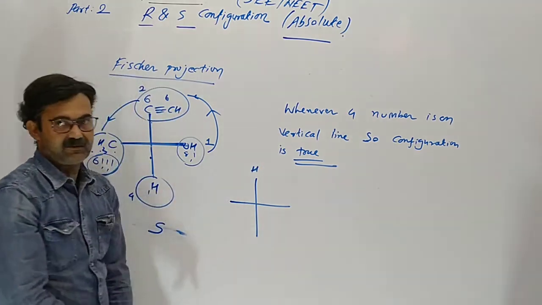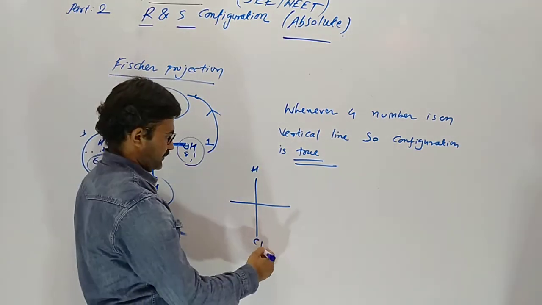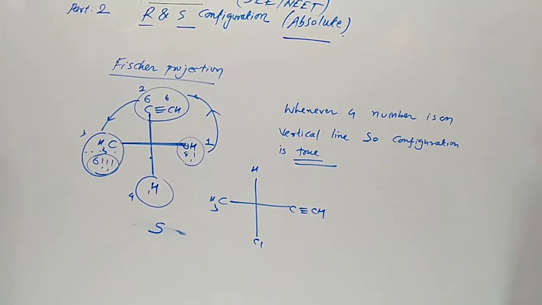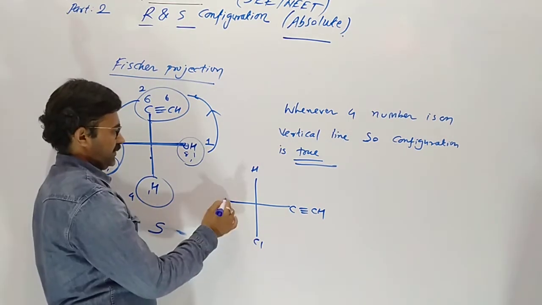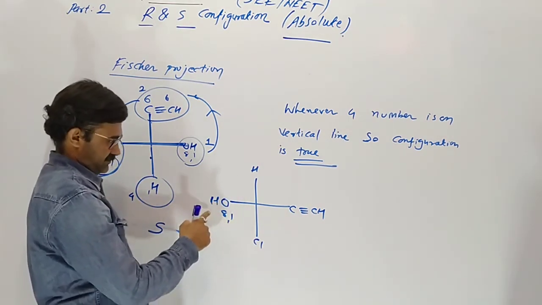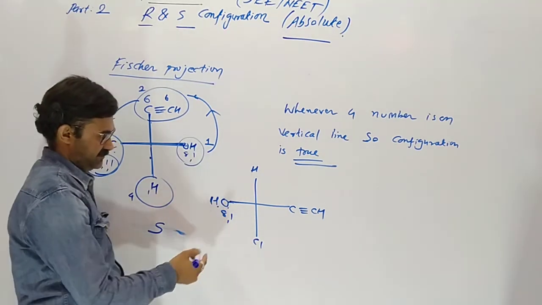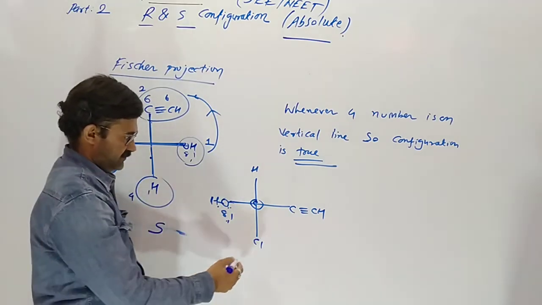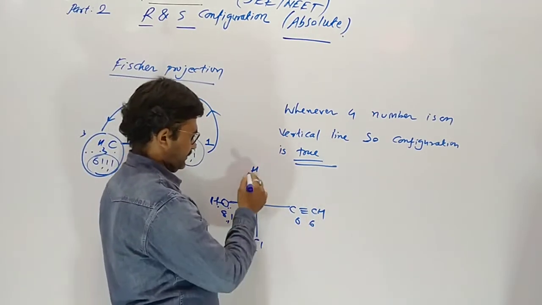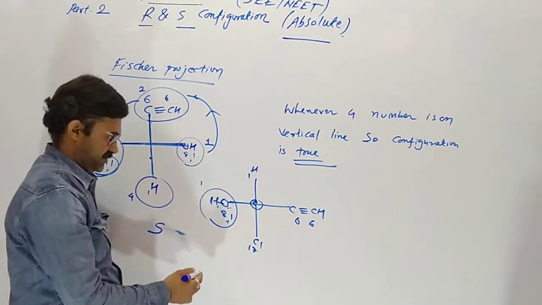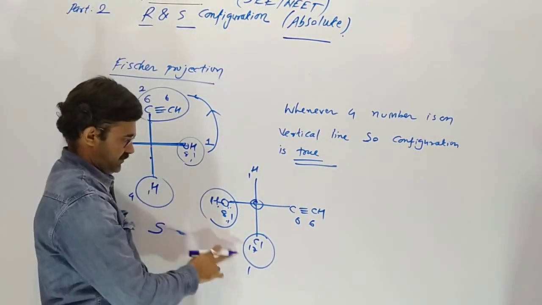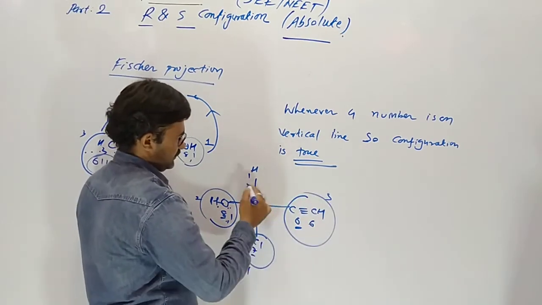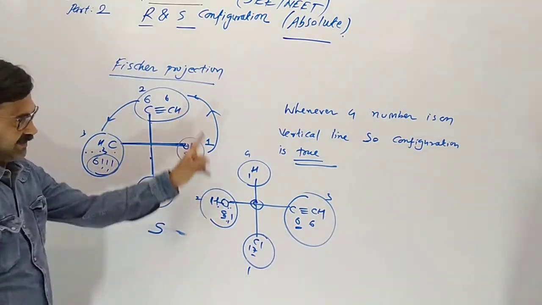Suppose H is here, Cl is here, then C triple bond CH and CH3. Sorry, OH group is here. Directly connected are oxygen 8, then 1. Here chlorine is 17, then 6, 6, 1. So chlorine comes first, 17, then 8, then 6, and here 4 is on the vertical line.